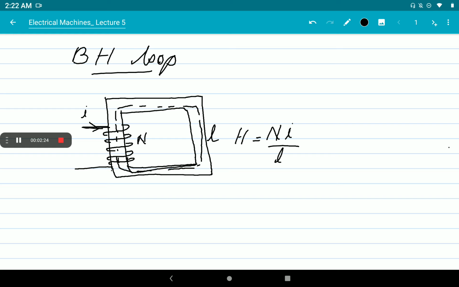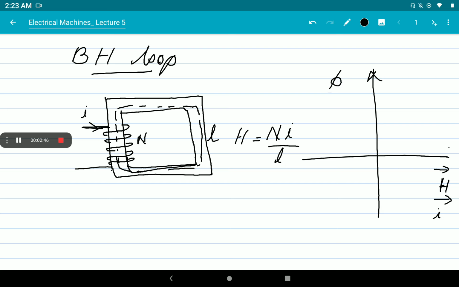So now we are going to draw the magnetization characteristics, with either H or current on the x-axis, I or magnetic field intensity H on the x-axis, and phi or B on the y-axis, either B or phi, flux density B or flux on the y-axis.